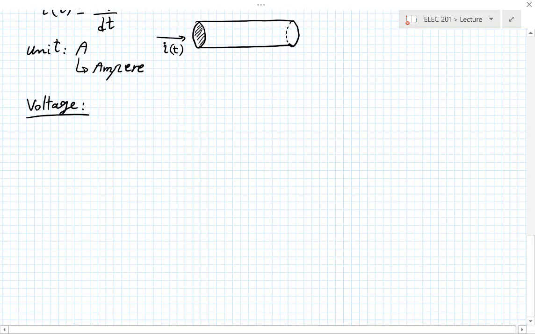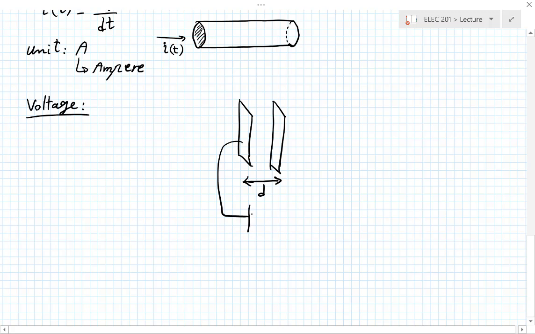So let's say you have a parallel plate capacitor, two plates like this, with a distance d, and you apply a voltage V between them.